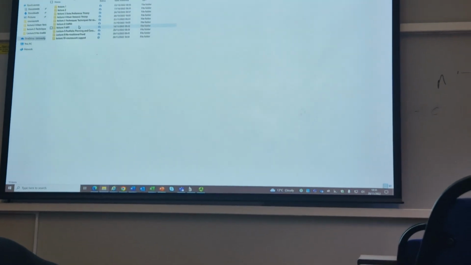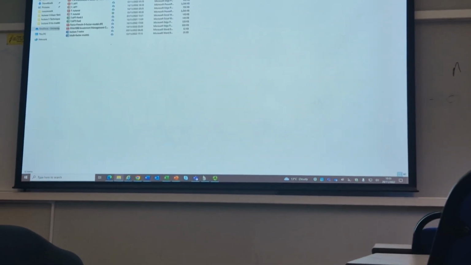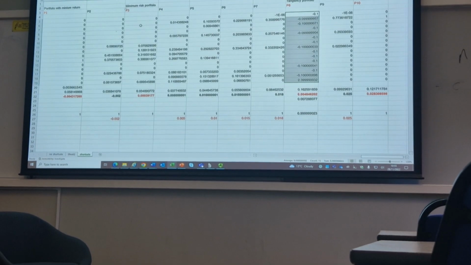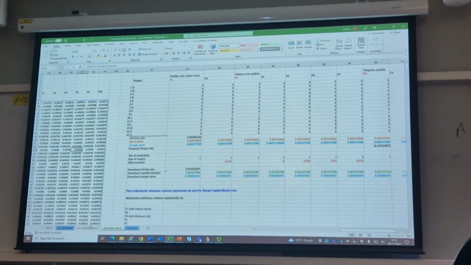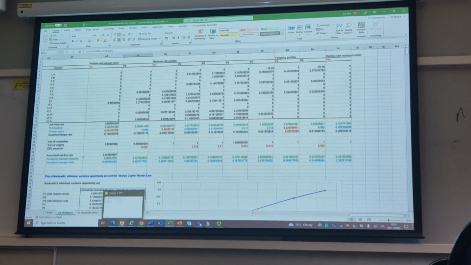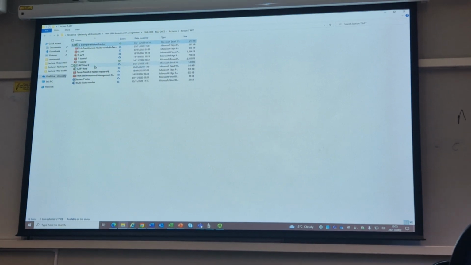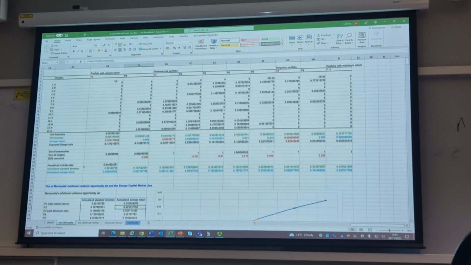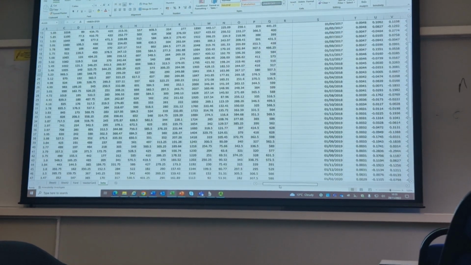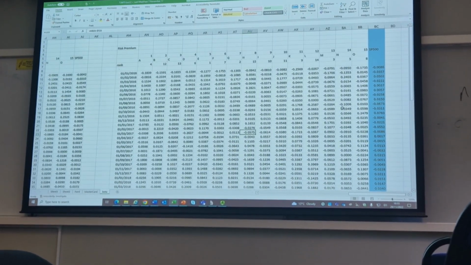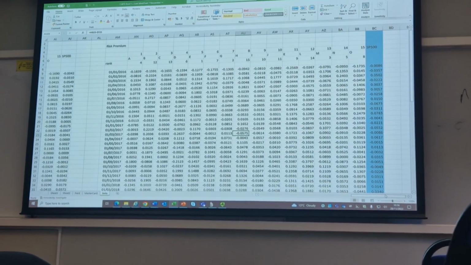Okay, to get a beta, we need to first get the data of the market index, the benchmark.